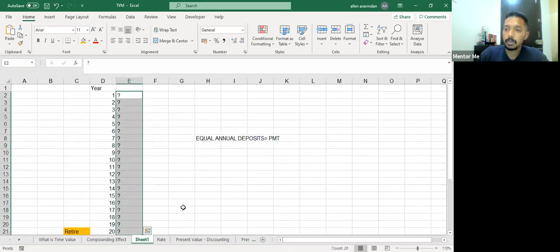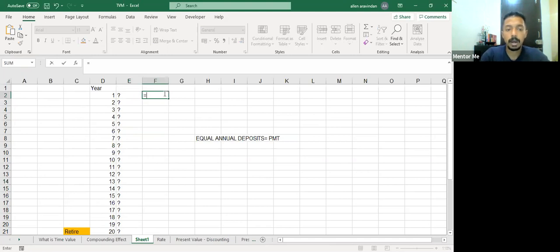Now, the easiest way to solve this, even if you do not think too much intuitively, is to look at what other data points we will need to find this PMT. If you just write down PMT, it asks for rate, and it asks for NPER, the number of periods, which we have.